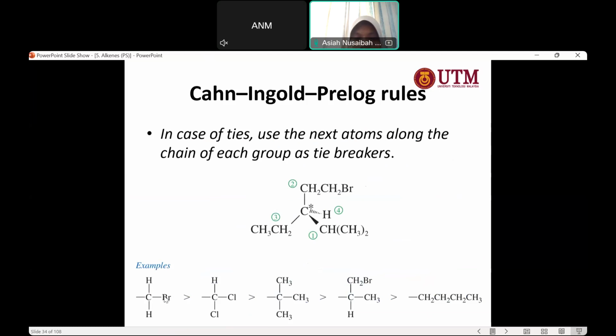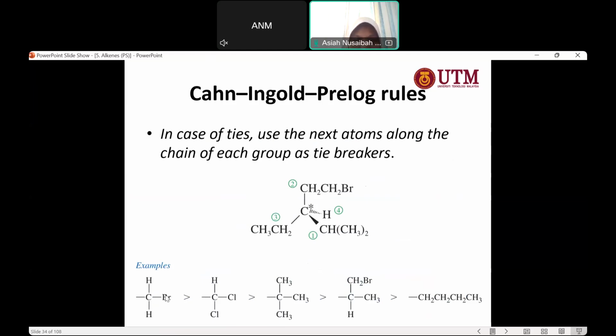Here we have CBr. This C is attaching to the main C. The main C is here. I hope you see, you can see my mouse. So the main C is here. This is the main C with a star. So the C star is attached here. Beside C star, we have C. That's why we are confused. It's ties. So this is the C beside the C star.